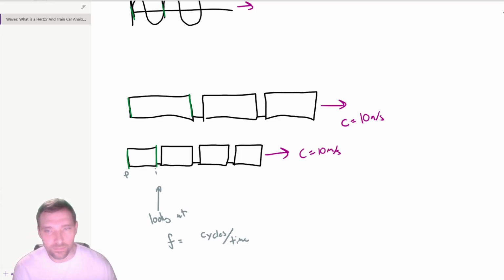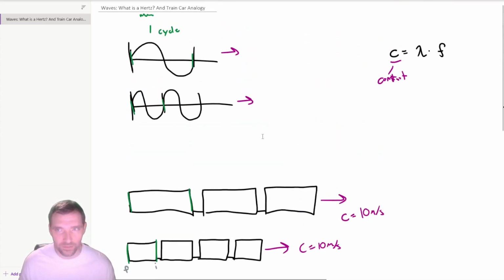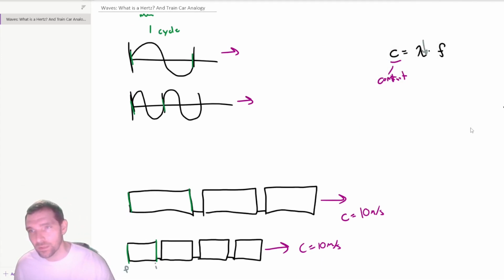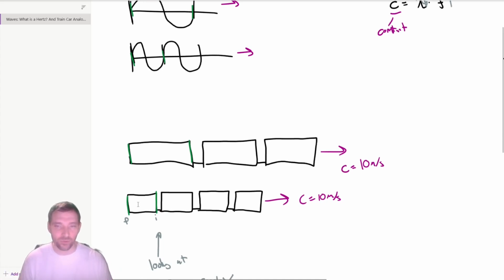And I'm looking at the frequency, and I can see that there's a slightly different frequency for the one that's shorter and the one that's bigger. So if we go back to this one formula, if this is held constant, if I make my wavelength go down, my frequency goes up. So if I make the carts shorter, I'm going to see more carts going by every second.